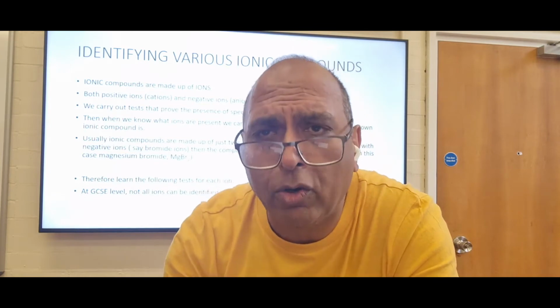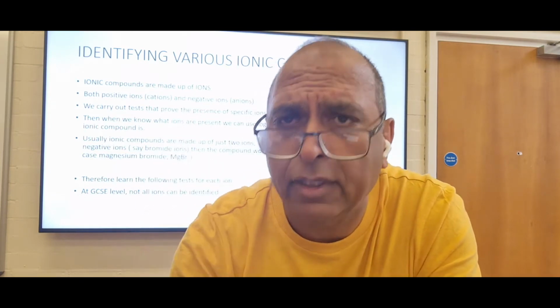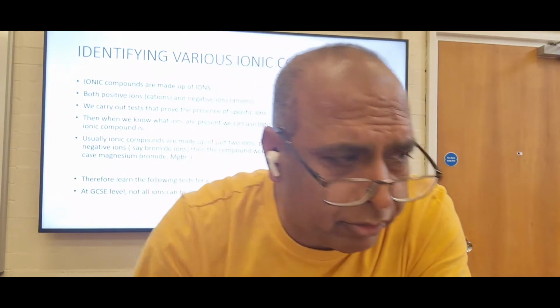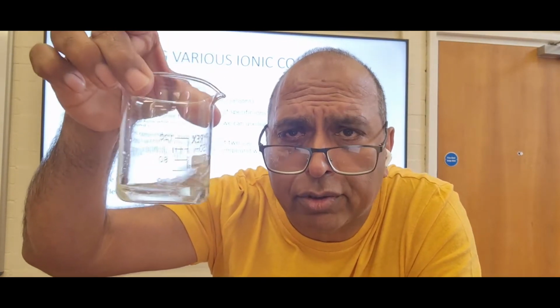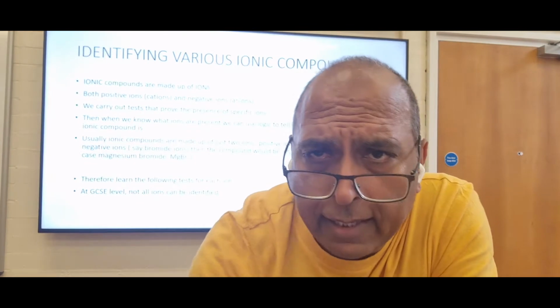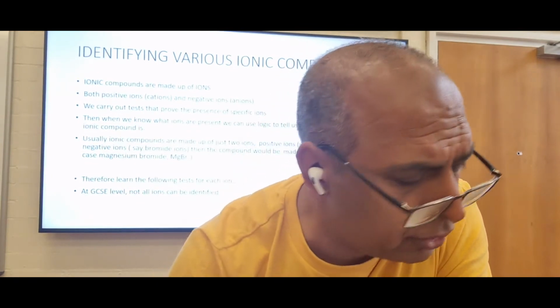So there are three distinct sections I want you to learn, and in this video I'm only going to deal with the first. I'm going to deal with reaction with sodium hydroxide, and I hope you understand that we need to start with solutions. So I've got some there.